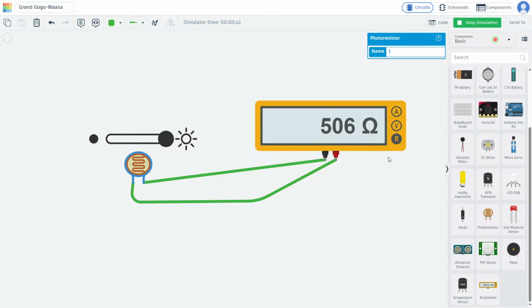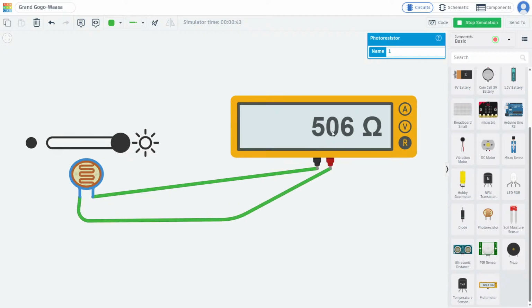When there is high light, you can see that the resistance is around 506 ohms. When there's no light, see the resistance drastically increase to the kilo ohms range, and we can see a resistance value of around 180 kilo ohms. Here it is ohms and here it is kilo ohms.